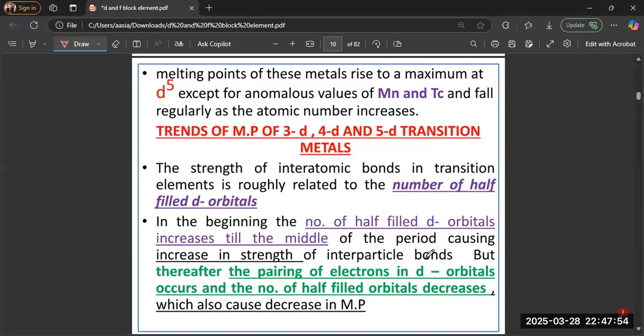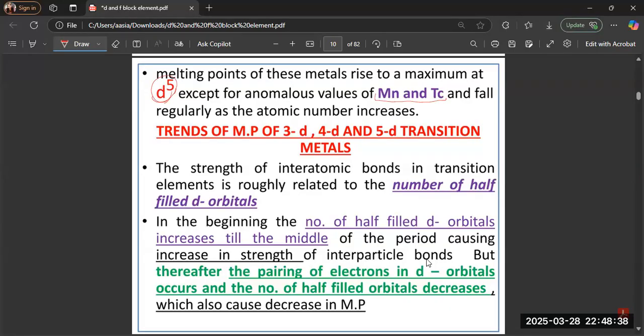The melting point of these metals rises to a maximum at d5 configuration, except the anomalous values of manganese and Tc. So the maximum melting point is at d5, and it falls regularly as the atomic number increases. Clear?